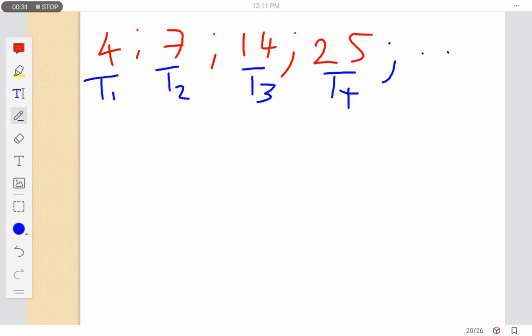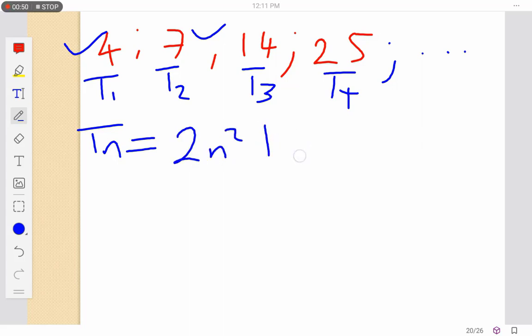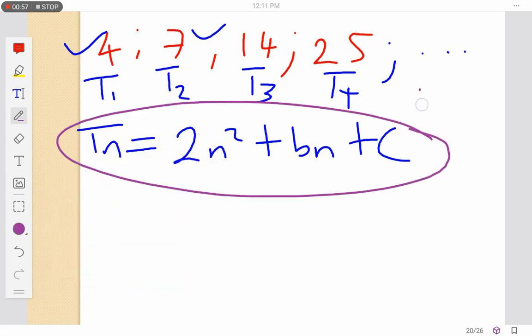So I can either use T1 and T2, where our formula is Tn is equal to 2n squared plus bn plus c. We can now substitute on this formula with T1 and T2.